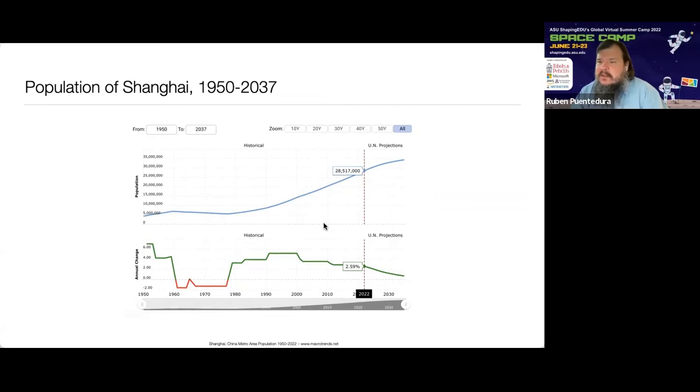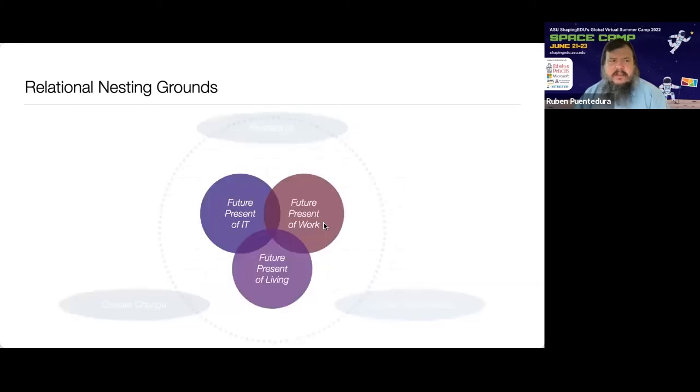Now, think about how these might affect you. I'm going to give you a little exercise in a little bit, where I'm going to ask you to think about how these nesting grounds will affect you. But I want to give you a few more tools before we get to that point. Here are the relational nesting grounds, and they're the ones that have to do more with the day-to-day interaction of people, but they've also got the same time scope. In fact, they probably will never go away.